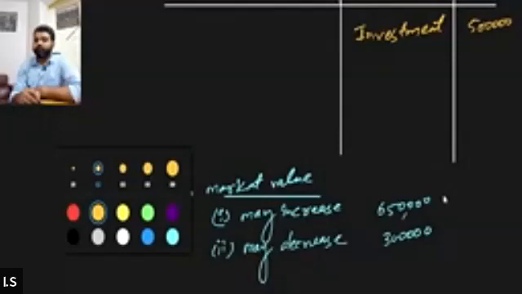The purpose of this investment fluctuation reserve is to compensate the loss that may arise on account of the change in the market value of the investment. So let's suppose the reserve made by the partners is of rupees 4 lakh.